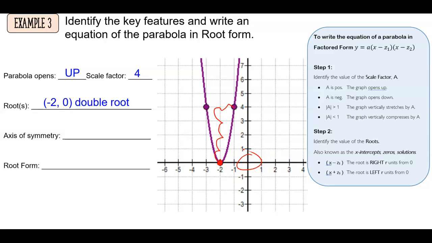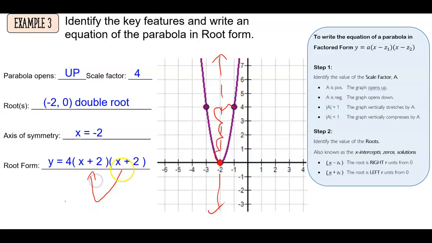So here's what you're actually going to do. You're going to use the same root twice. -2, 0 and -2, 0. Basically, use it twice. Okay. The axis of symmetry goes through that -2. X equals -2. And here comes my root form. Ready? A is 4. And my root, the opposite of -2 is +2, but you must write it twice if it's a double root.